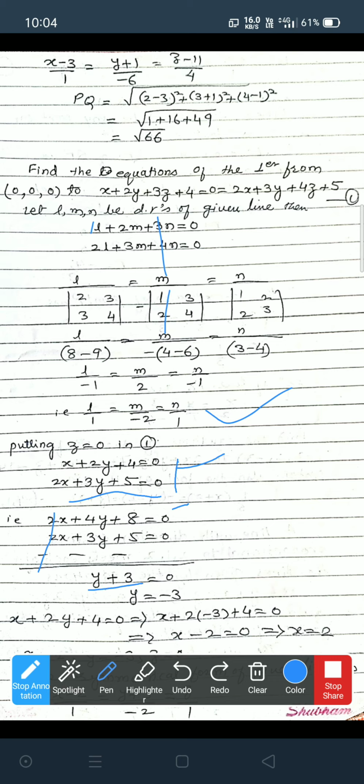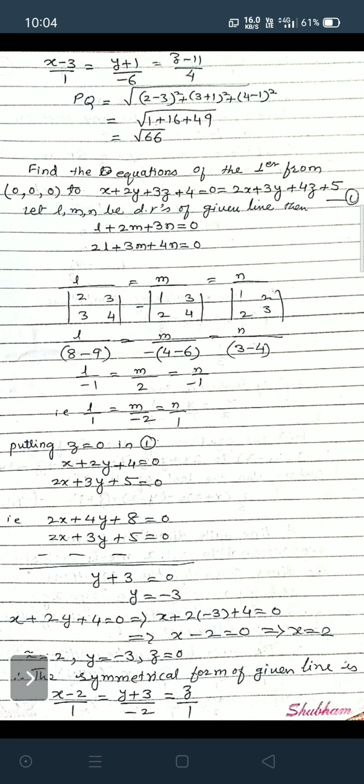So y + 3 = 0, then y = -3. Here x + 2y + 4 = 0, so putting y = -3, x + 2(-3) + 4 = 0, that is x - 2 = 0, and we obtain x = 2. So x = 2 and y = -3, and we have supposed that z = 0.